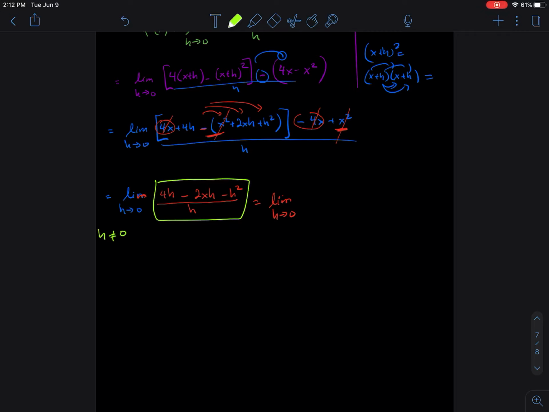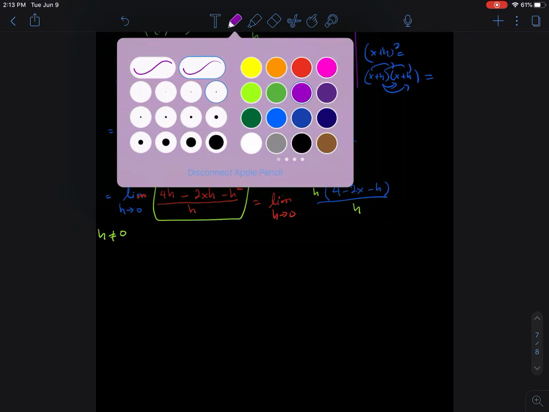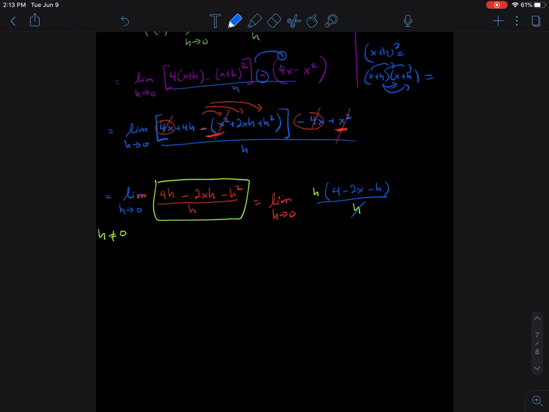So we make sure h is not equal to 0 and factor out h in the numerator. So 4h comes out, and then let's use a different color, we get 4 minus 2x minus h, divided by the h in the denominator, the original one, and we can cancel out the h.